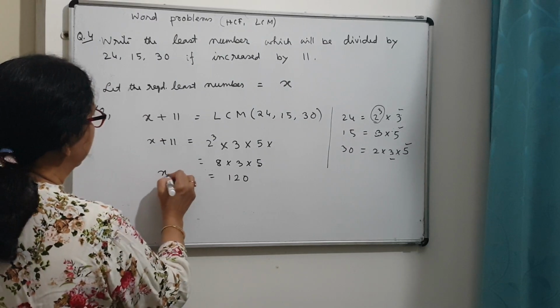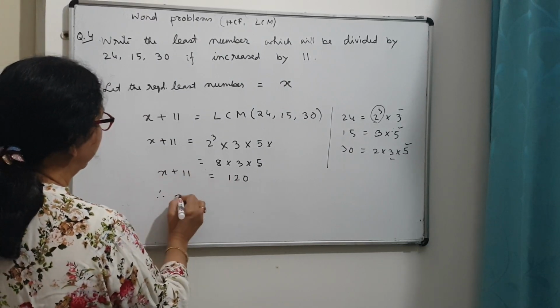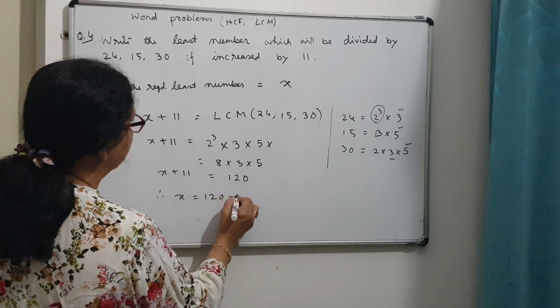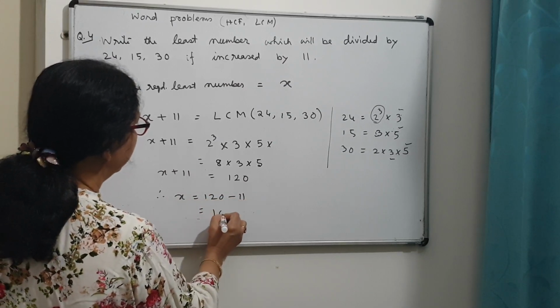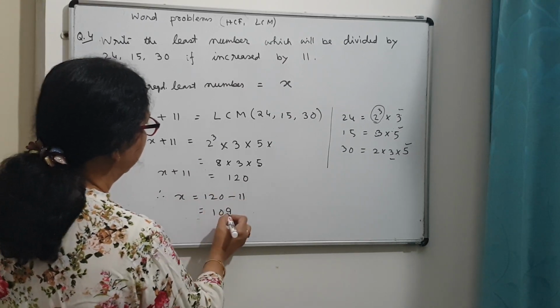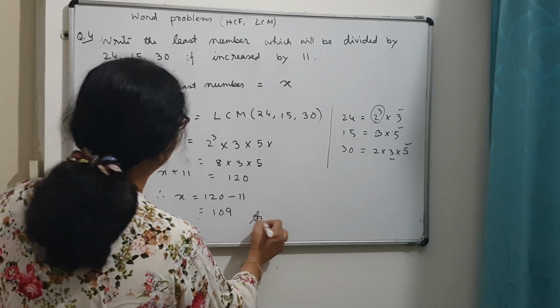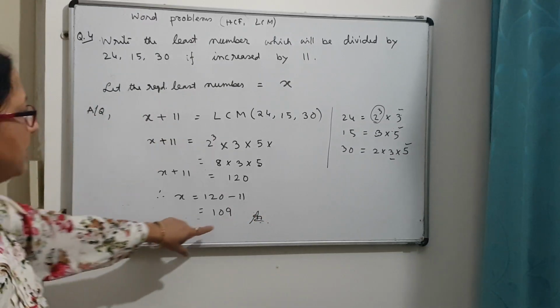So x plus 11 is 120, therefore x is equal to 120 minus 11, so it is 109. That's the answer. So the number is 109.